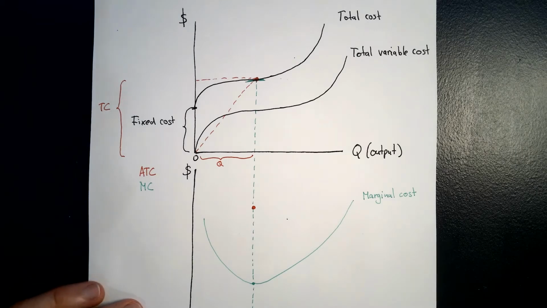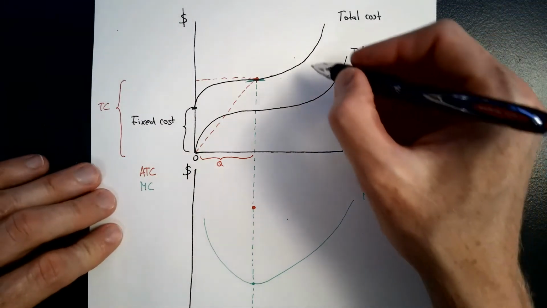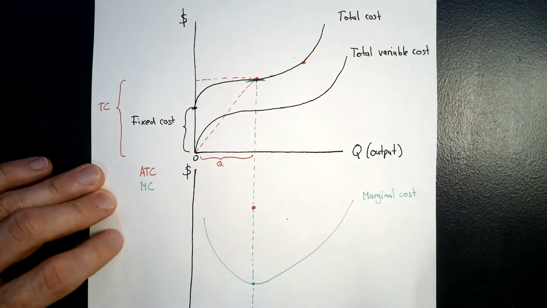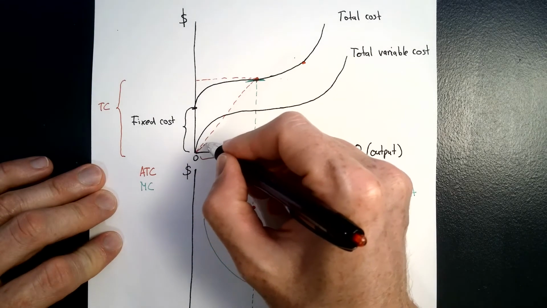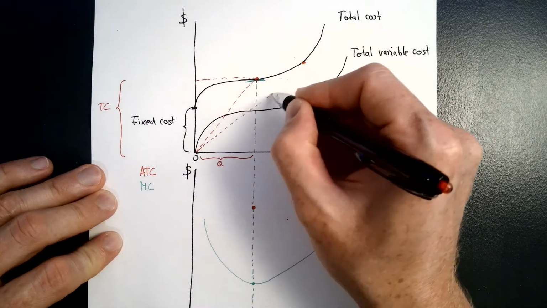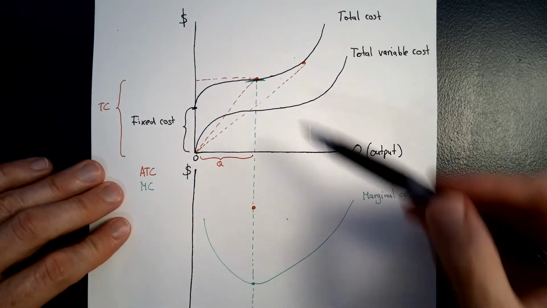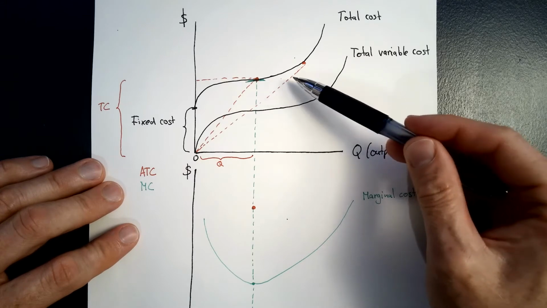Okay. Now note that there will be a point, and this is very similar to what we have seen in producer theory. We have a point here. Let's assume it's here. And if you are connecting this point to the origin, like this, then again the slope represents the average total cost.